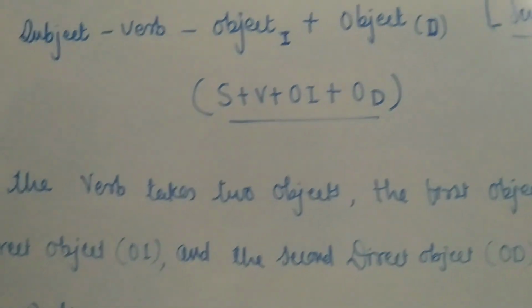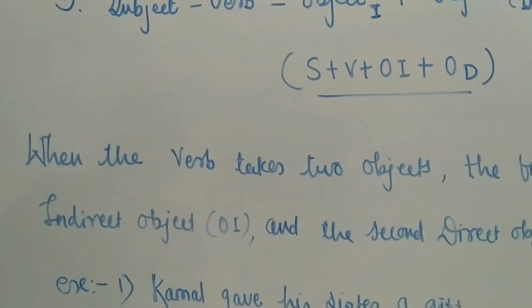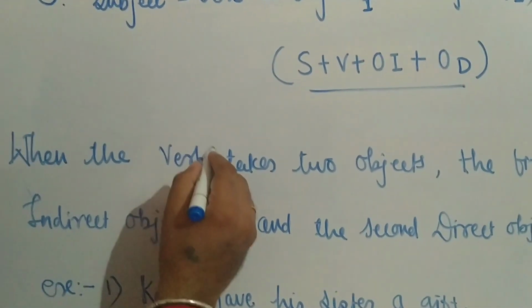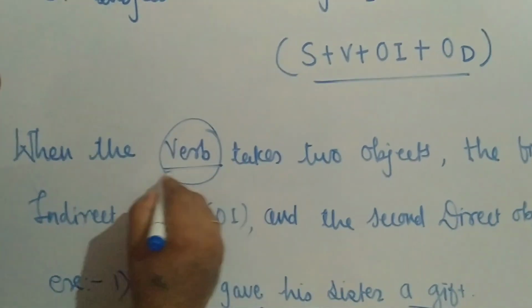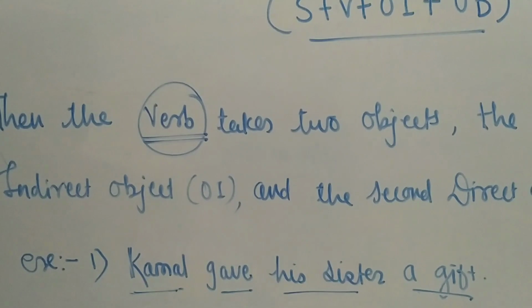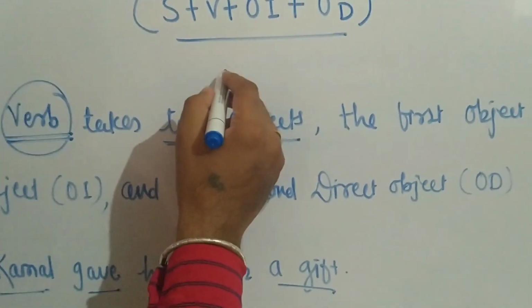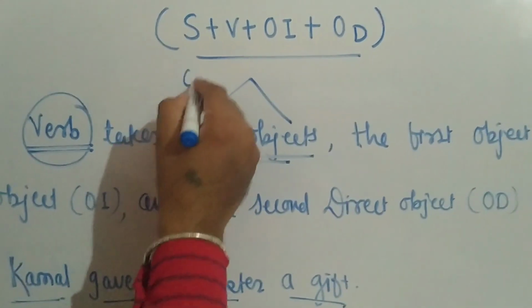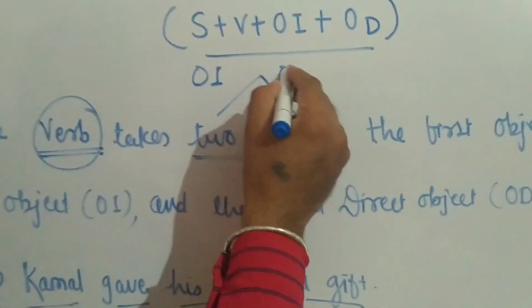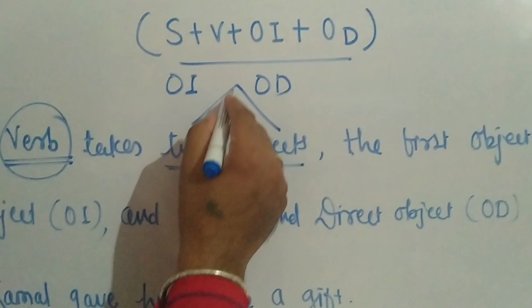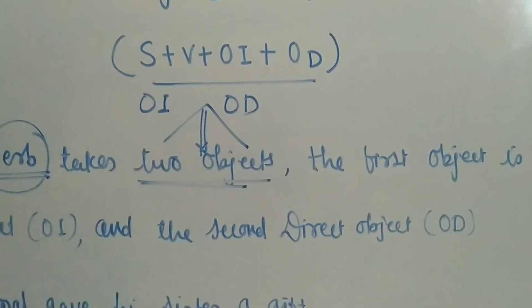Now see, in this sentence the verb takes two objects. Two objects means direct object and indirect object. These are the two objects.